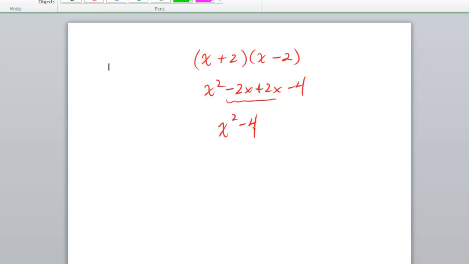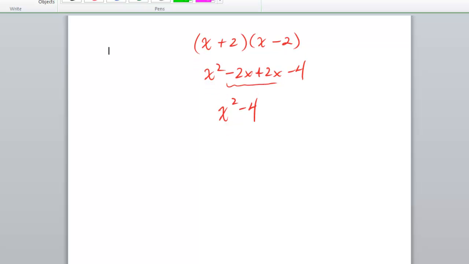Now, we took that a little farther whenever we were simplifying radicals. We had a situation where we had maybe 1 plus the square root of 2, and we wanted to offset that radical, so we took the conjugate.